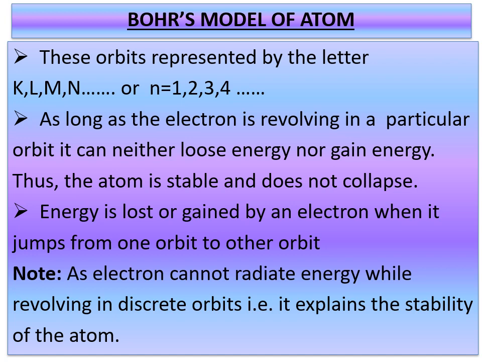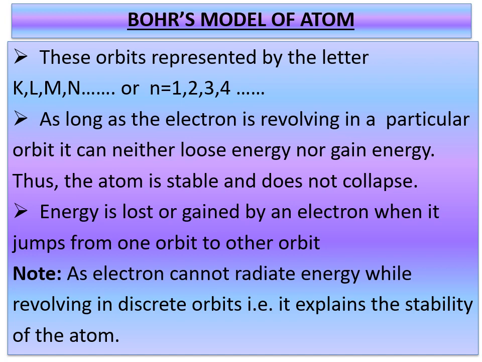One more representation is n equal to 1, 2, 3, 4. That means K shell is 1, L shell is 2, M shell is 3, and N shell is 4, and so on, children. These representations you have to keep in mind.